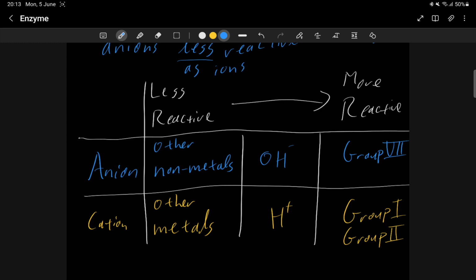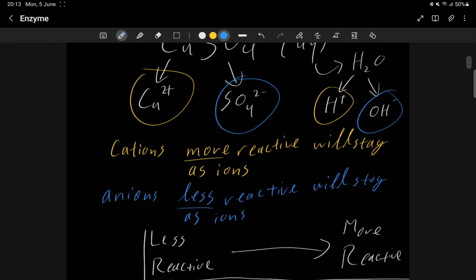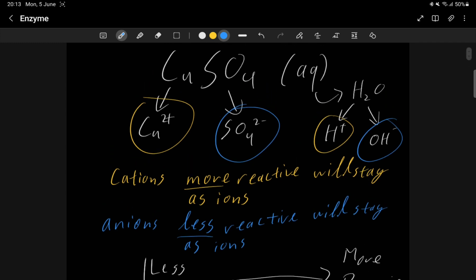Okay, so the question is asking what will be formed at the electrodes, what are the products? So we're asking what's going to stay as the ion and what's not going to stay as the ion, what's going to be created. For cations, the more reactive one will stay as an ion.